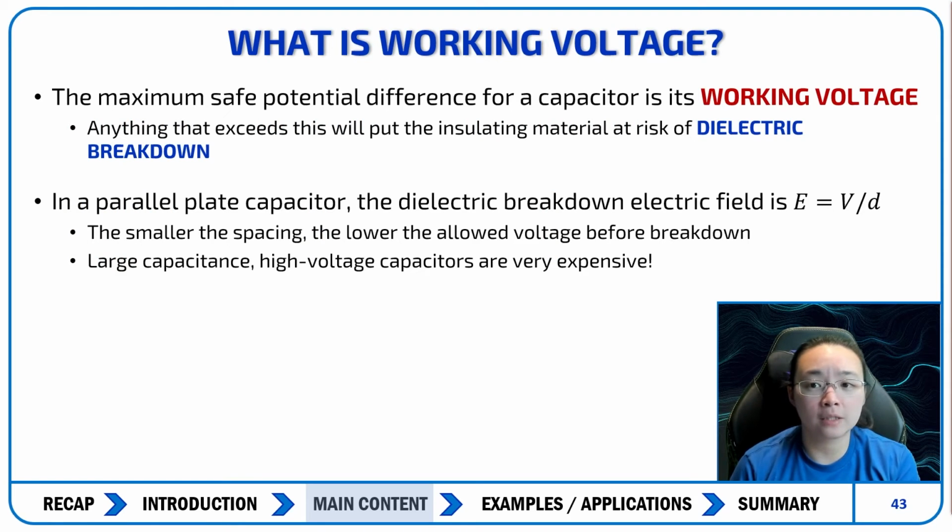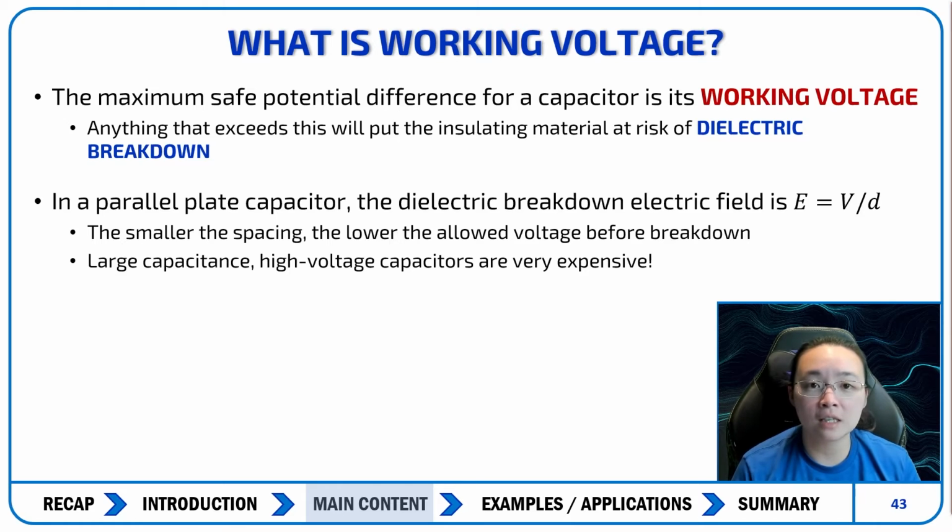Next, we take a look at working voltage. It's another term that we should probably define moving forward. When you're talking about capacitors and capacitance, it's going to store a certain amount of energy and it's going to be proportional to a potential difference. So there is a maximum safe potential difference for a capacitor, which is called the working voltage.